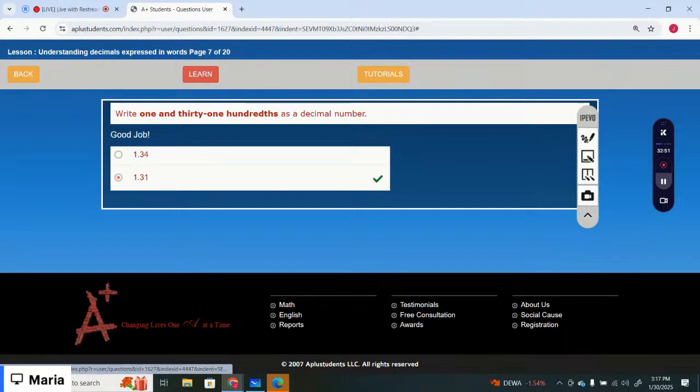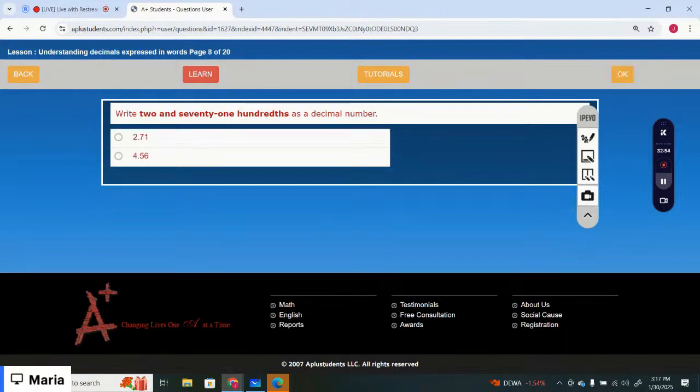Option number 2 is the correct option. Write 2 and 71 hundredths, which is the correct option?